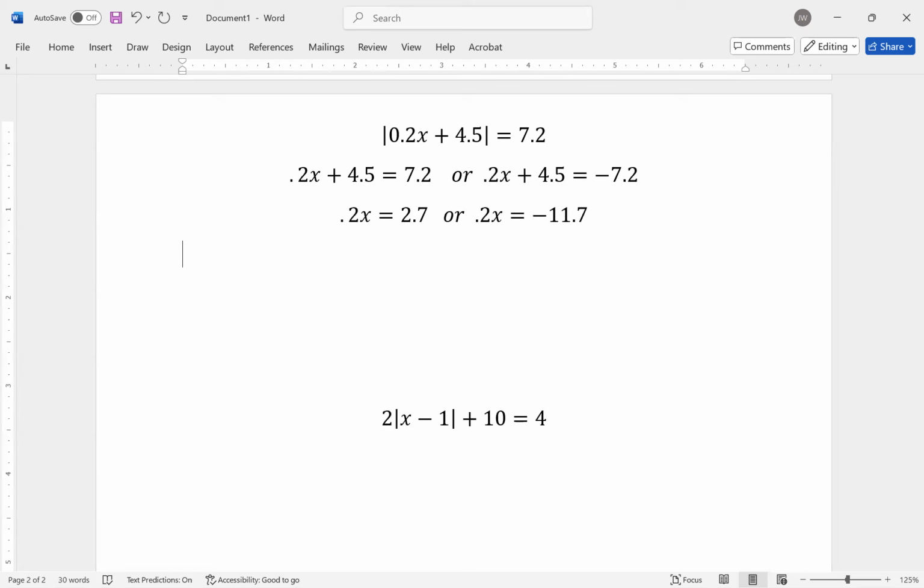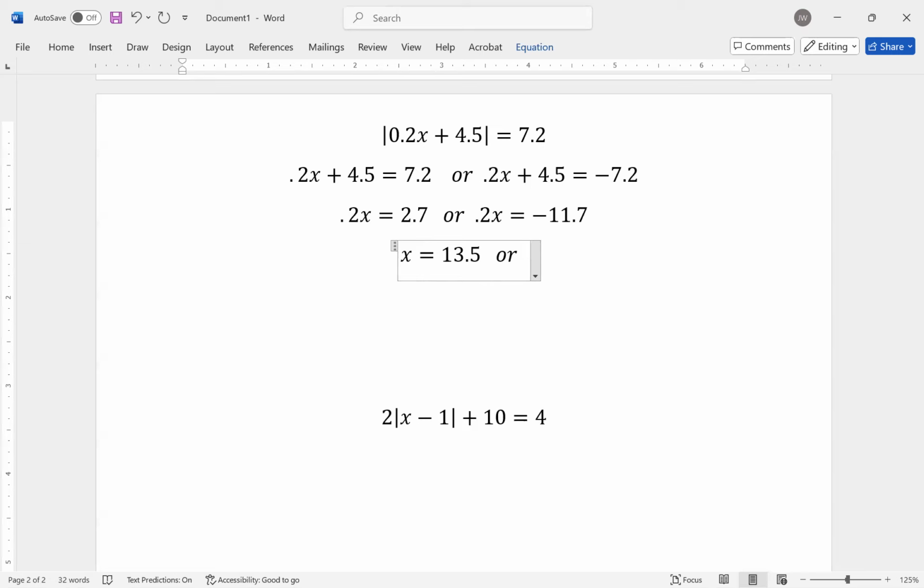Now I simply divide each number by 0.2. 2.7 divided by 0.2 is 13.5. So that first equation becomes x is equal to 13.5.